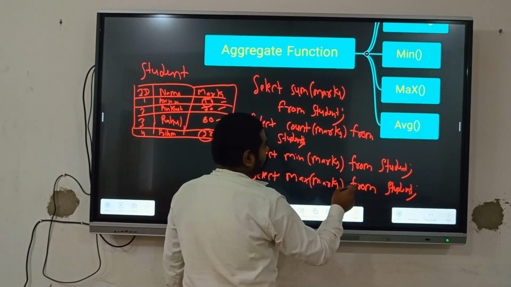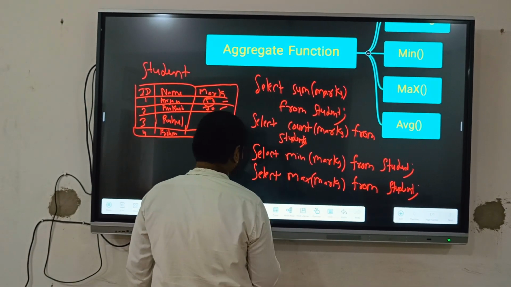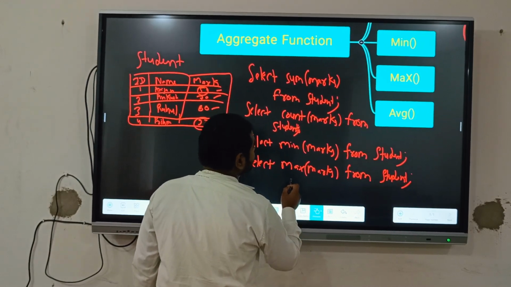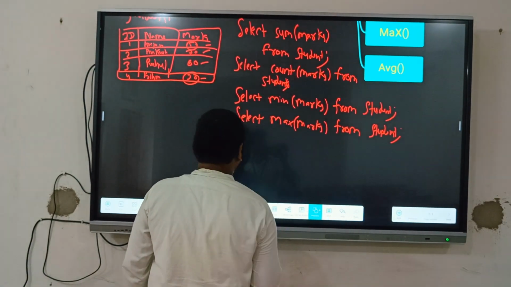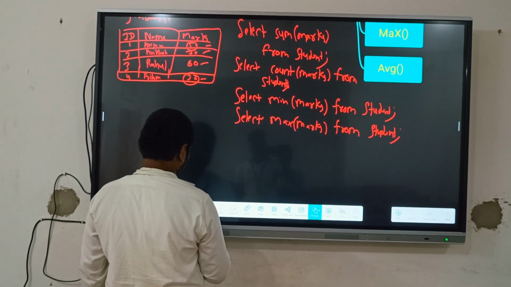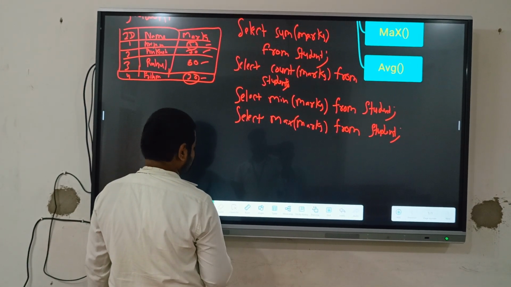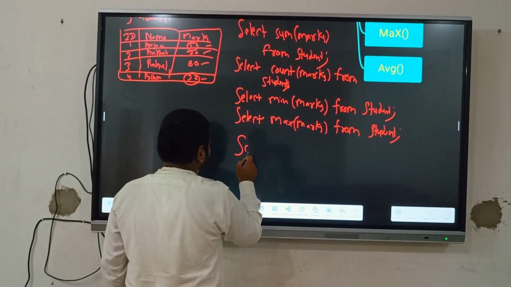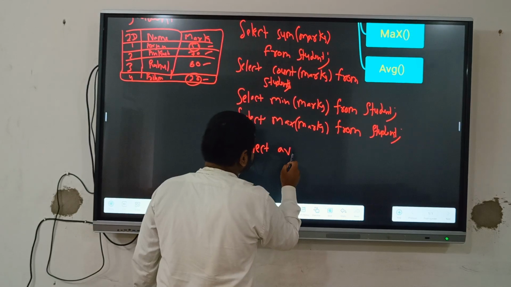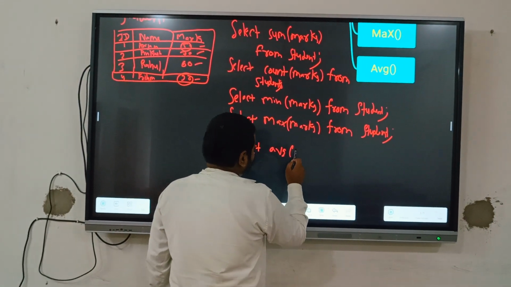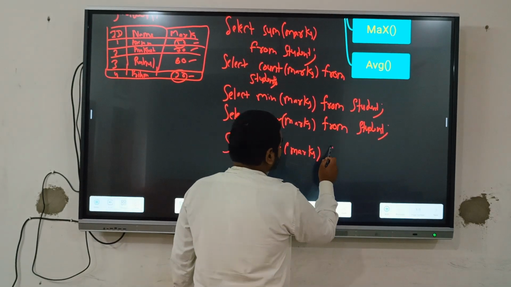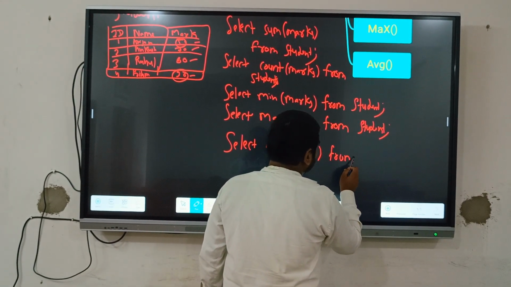Lastly, we have to perform the average operation. So for this we have to write a query, that is select average, and here we pass the column name, that is marks, and from the table name, that is student.